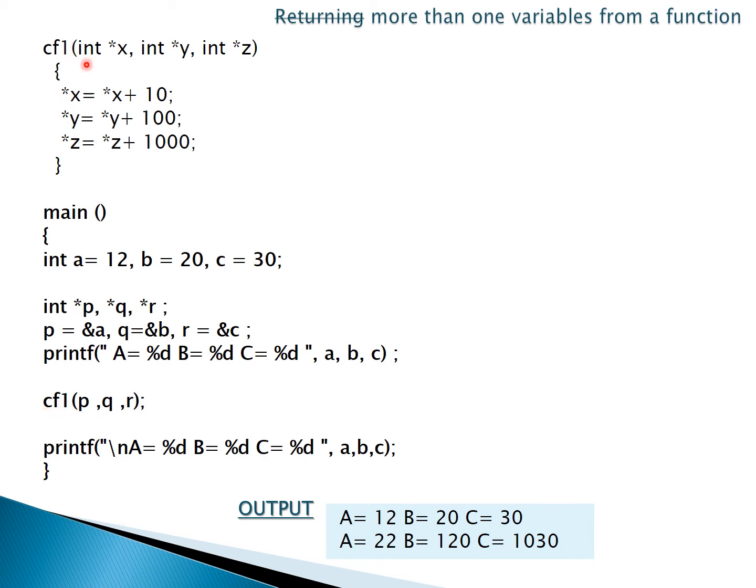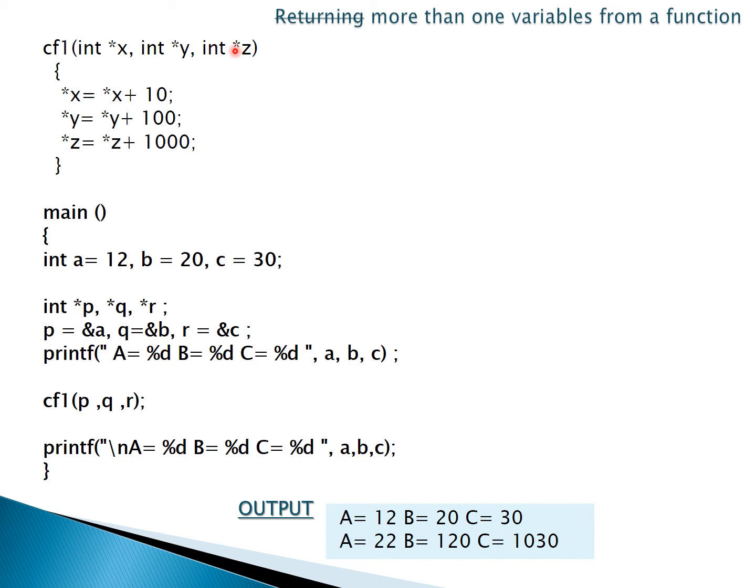So this is the definition of cf1 function. This is the name of the function, and this function can receive three pointer variables. The first pointer will be received at this x, the second pointer or the address will be received on this pointer, the third value will be received on this pointer.